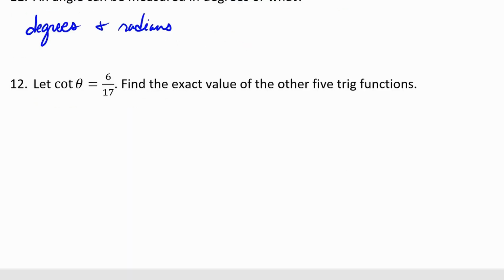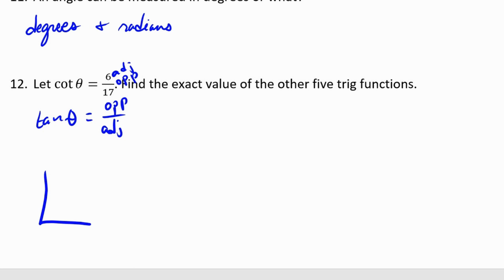Alright, so here we're given a function and we want to find the exact value of the other 5 trig functions. If I have cotangent theta equal to 6 over 17, I want to remember that cotangent is the reciprocal of tangent. So tangent of theta is opposite over adjacent, and cotangent is adjacent over opposite.